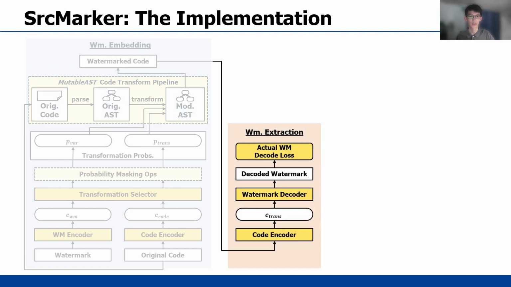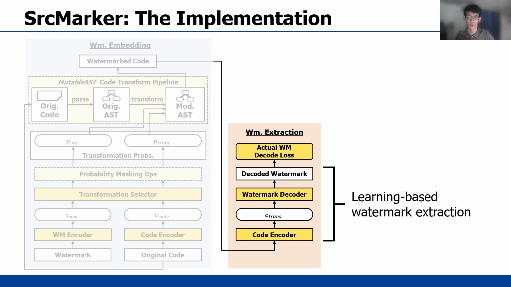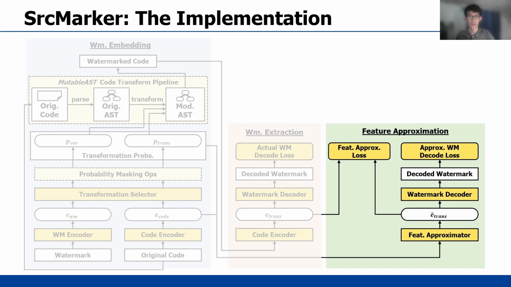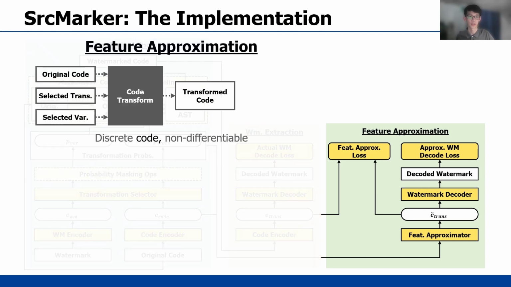Then the watermark extraction module follows a similar learning-based design and uses neural networks to extract the watermarks. And finally, the feature approximation module bridges the non-differentiable gap between the embedding and the extraction processes. While source code is discrete in its input space, it is internally represented by continuous feature vectors inside a neural network.